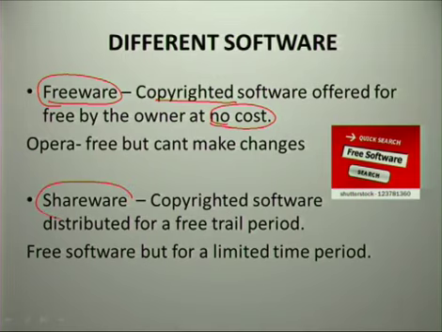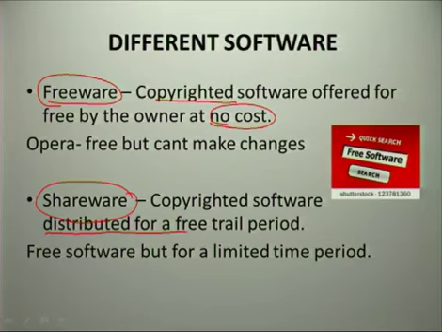Right, then the second one that we're going to look at is shareware. Now shareware, think of the word share. It is copyrighted software distributed for a free trial period. It means that this software is shared, but you can only use it for a limited time period, meaning they're giving you the experience of the software. Check if you like using the software, and if you do, then you have to buy it.